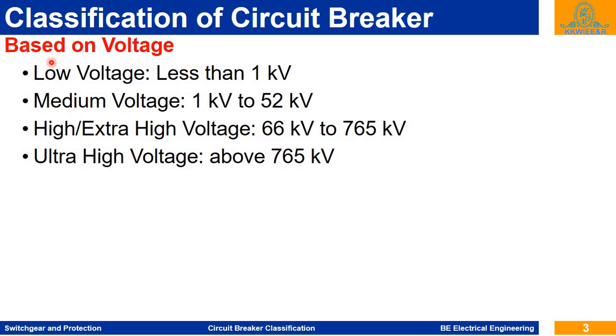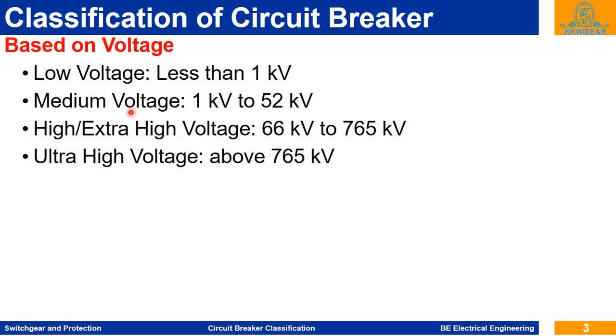So first we start with the voltage level. Based on voltage level, the circuit breakers used below 1 kilovolt are classified or categorized as low voltage circuit breakers.